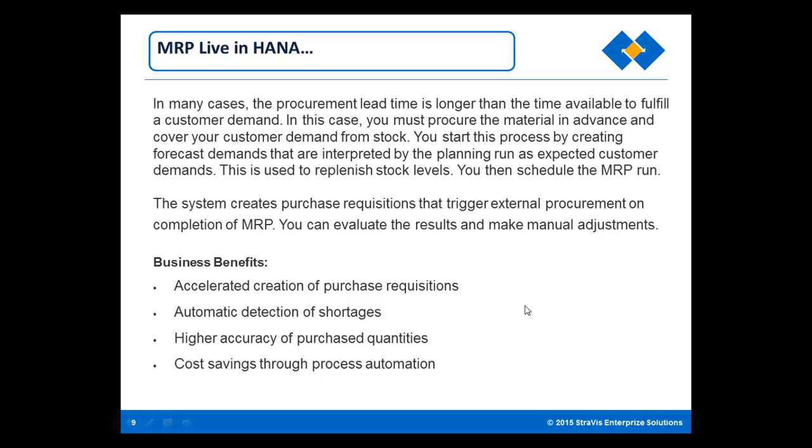So the business benefits: accelerated creation of purchase requisitions because it's no longer creating per planned orders; automatic detection of shortages, because based on the expected customer demands, the shortages can be calculated; higher accuracy of purchased quantities, because the replenishment stock levels are being monitored; and cost savings through process automation.